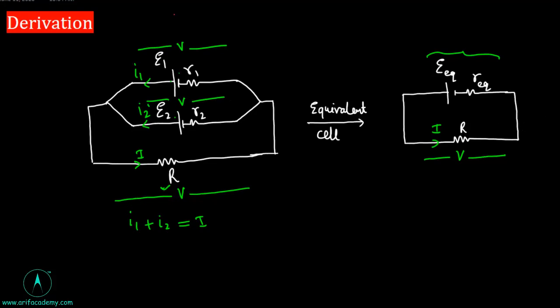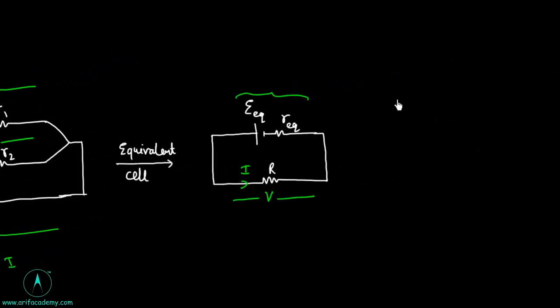So we know for a cell that if this is a cell and its EMF is E and R is internal resistance and there is a current I, so terminal voltage V equal to E minus IR. So I can be equal to E minus V by R.